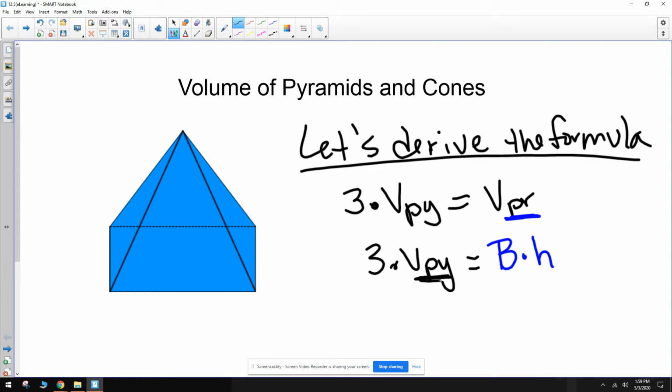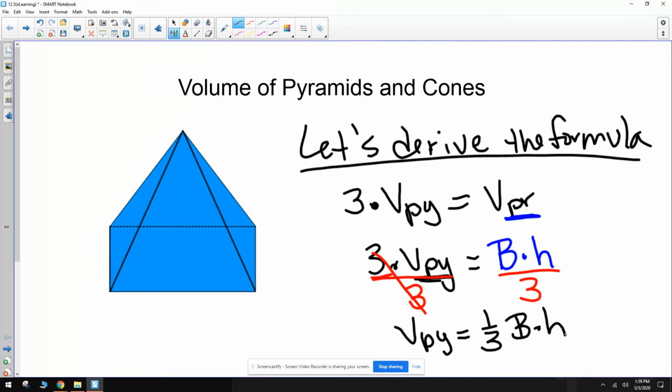My issue is that there's a 3 here, and I need to move it to the other side of the equation. It's multiplying, so the opposite would be to divide. So now my volume of a pyramid is 1/3 the area of the base times height. That is the formula we're going to use, because when we took 1 volume of a pyramid and filled it up in the prism, it only fills up 1/3.